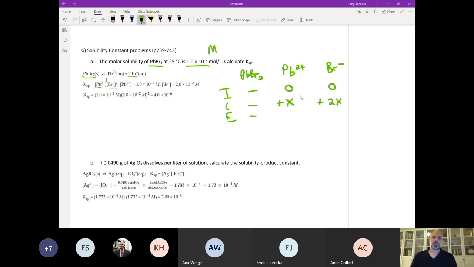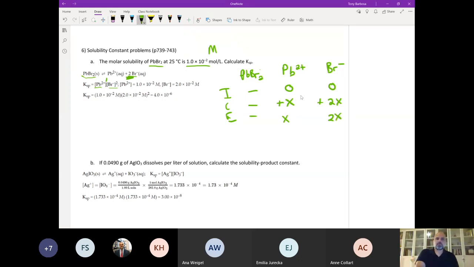Does that make sense? The reason we're seeing this increase of 2X is because we have 2 bromides for every 1 lead that's present in solution. So at the end we have X and 2X.